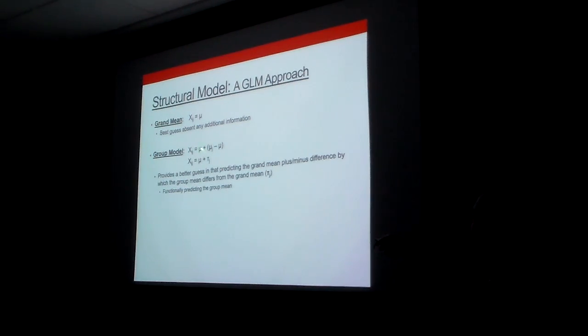So I say, what's the grand mean plus an adjustment for how far off their group mean differs, right? And so let's say that now instead of just giving the average height of people out in the hallway, I tell you whether or not they're male or female, right?